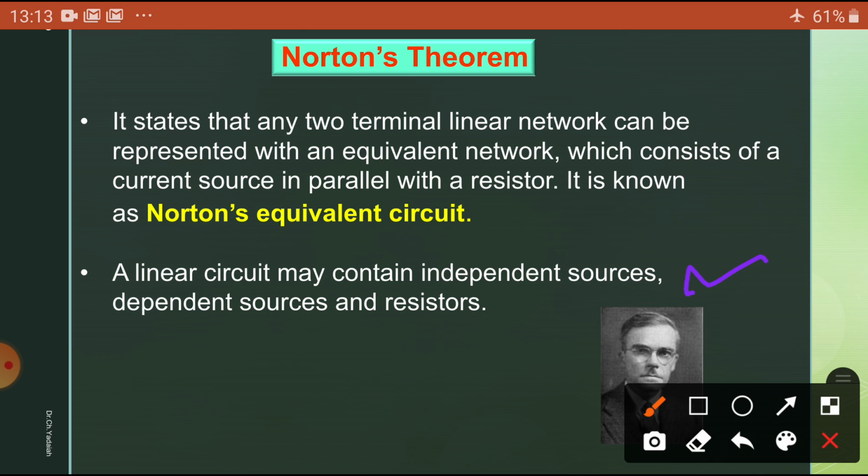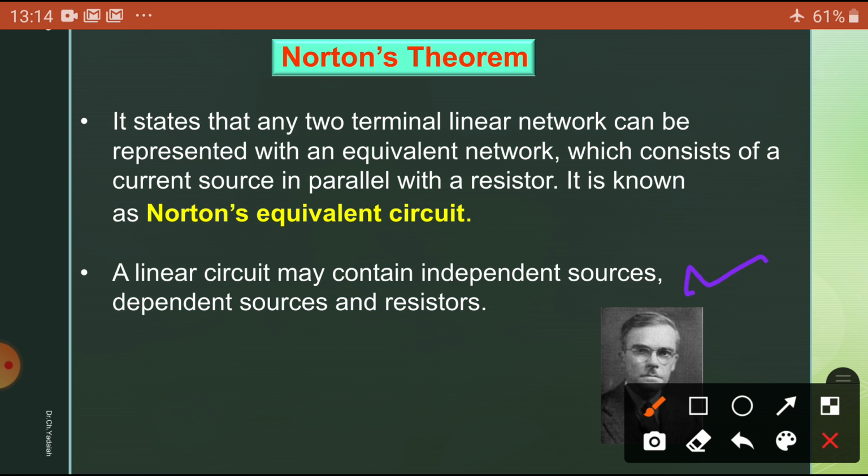Norton's theorem states that any two terminal linear network, and what is a linear network, one which obeys Ohm's law, you know it, can be represented with an equivalent network which consists of a current source in parallel with a resistor. It is known as Norton's equivalent circuit.